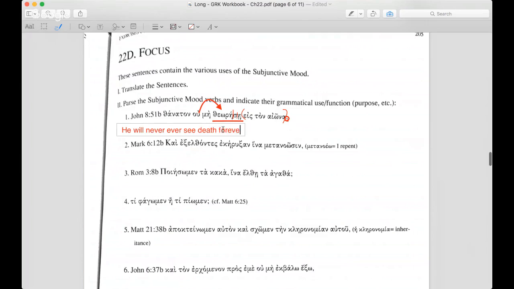So John is trying to make a very clear statement here that not only is there no chance, but forever will he never see death. All of those layers of emphasis need to be paid attention to. There are repeated layers of emphasis being laid out by the author here, that this really is never going to be possible all the way until the end of the age.